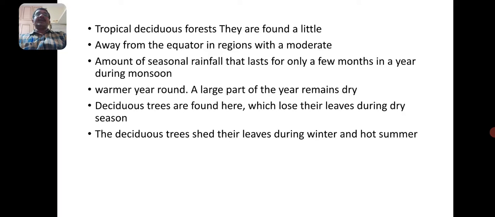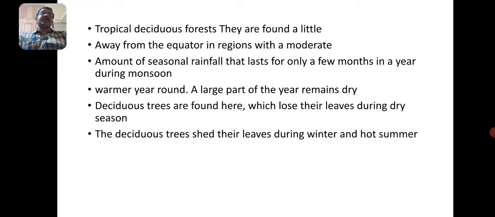Tropical deciduous forest. They are found a little away from the equator, in regions with a moderate amount of seasonal rainfall that lasts for only a few months in a year during the monsoon. Warm year round, a large part of the year remains dry.